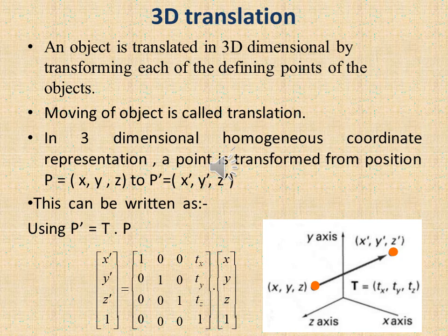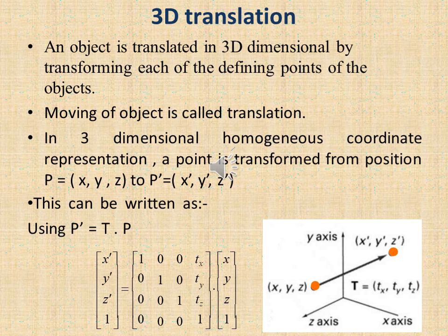Here, given a translation vector tx, ty, and tz. Let the initial coordinates of the object O be x old, y old, and z old. The new coordinates of the object O after the translation are x new, y new, and z new. Then the translation vector or shift vector is equal to tx, ty, and tz.